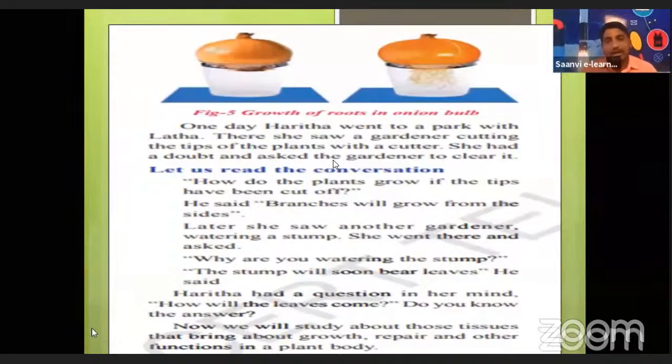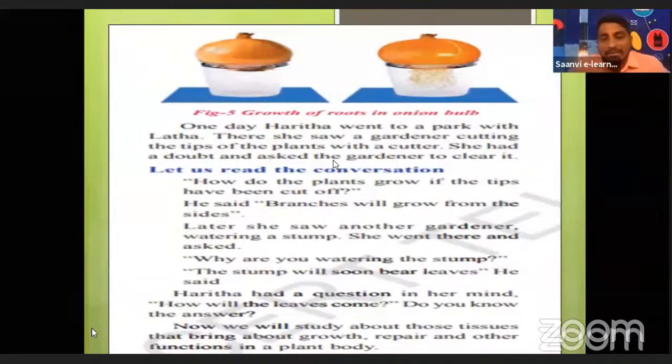That's it. But how it is happening, he doesn't know. So that's why I gave an all-day task, very interesting. If you go searching for those answers, you will get them. You have to come up with some questions on that particular theme. Like that, Harita had a question in her mind: how will the leaves come? Do you know the answer, children?